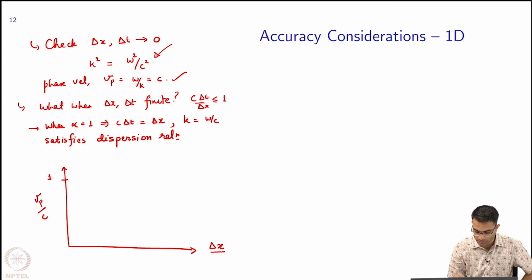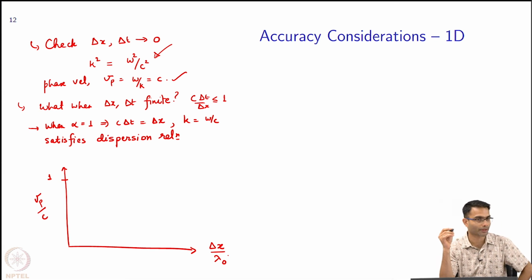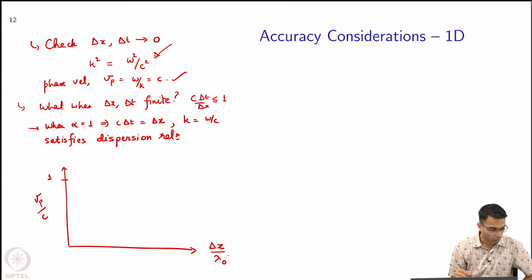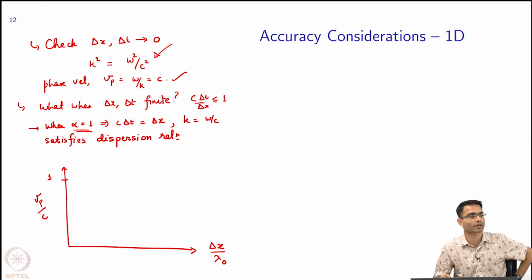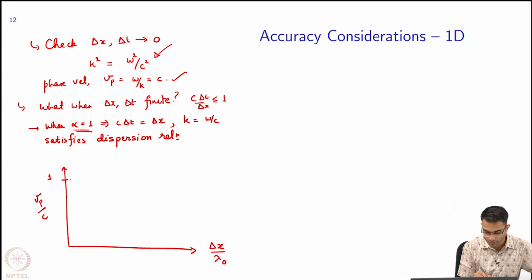For alpha equal to 1, what kind of curve do I expect here? A straight, flat line.